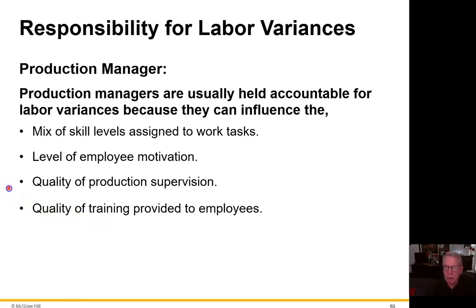The quality of the production supervision can definitely affect all of this, and naturally training our employees adequately to make our products can affect that. You can sort of see that a better trained, more tenured employee probably is going to make a little bit more money. So sometimes you can see that reflected in the wage rate and efficiency variances.